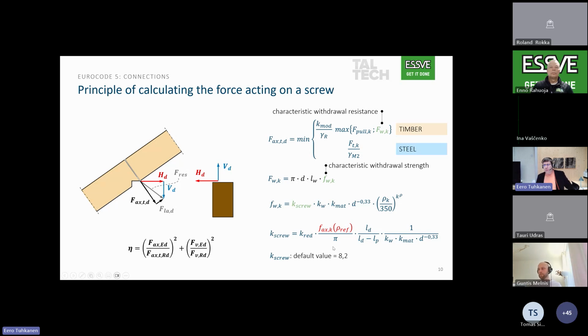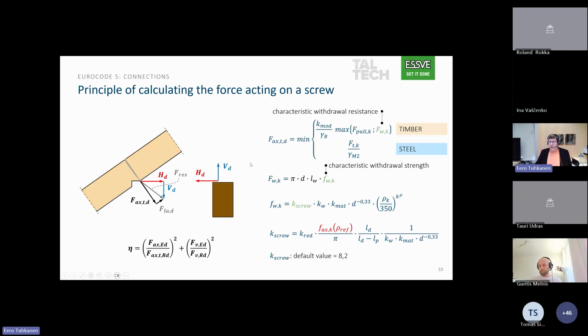I can say that for the ESSVE screw, this k_screw value is 9.4 or 9.5 something. So you can get benefit from that. You can get a higher value than the harmonized standard screw. So it's better.